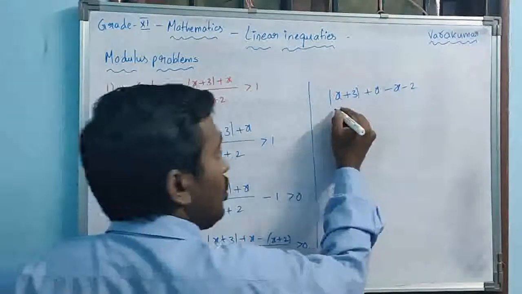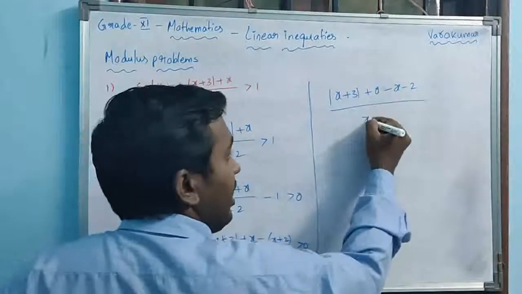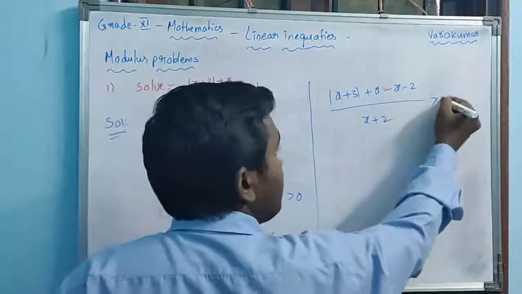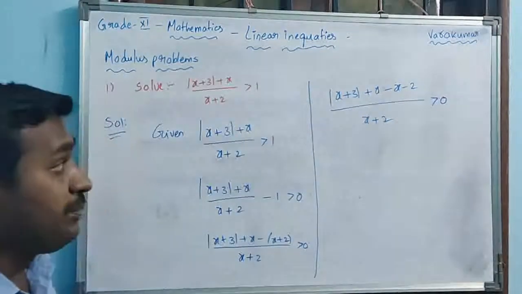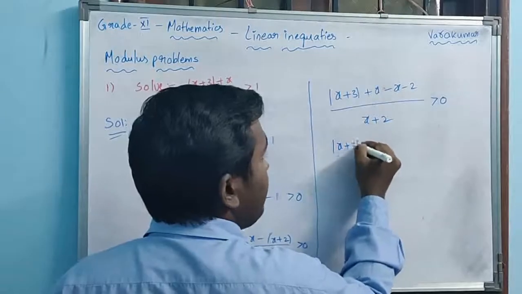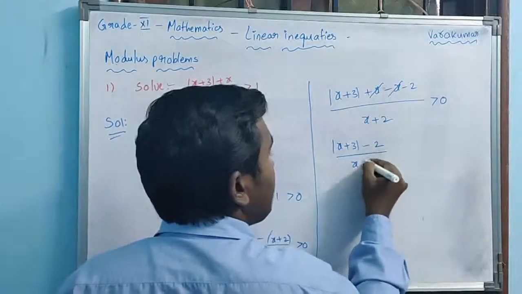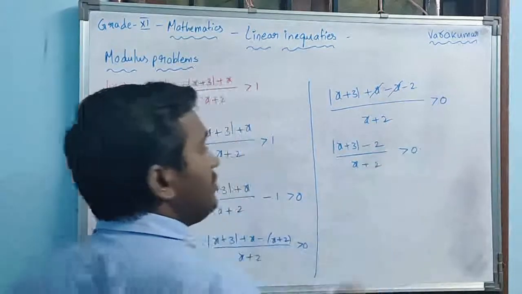Opening the brackets, it becomes |x + 3| + x - x - 2 divided by x + 2 greater than 0. Simplifying, x cancels, and we get (|x + 3| - 2)/(x + 2) > 0.